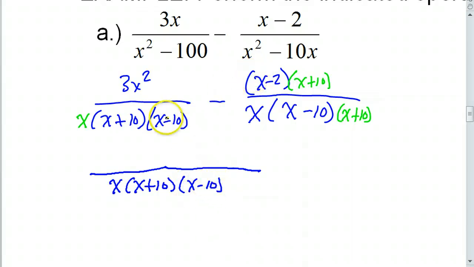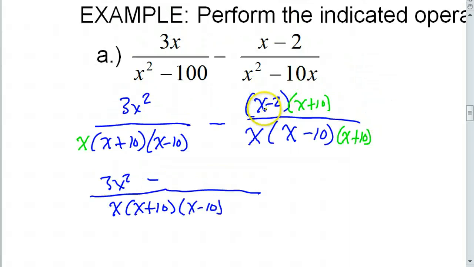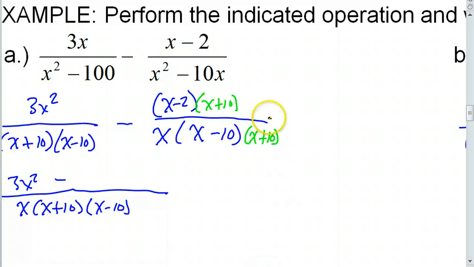And now we're going to have 3x squared minus, now you see that we have this x minus 2 times x plus 10. We need to multiply those together. I think I'll just do that off to the side though.